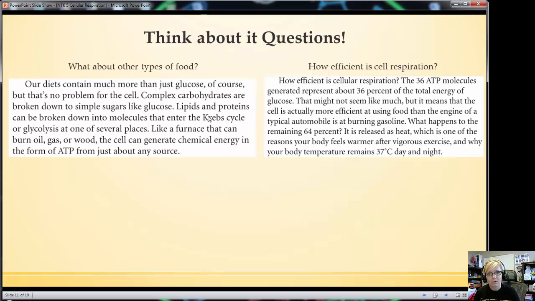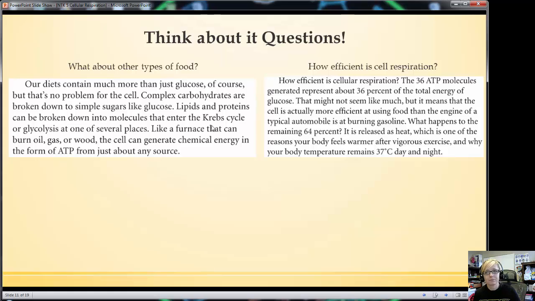We know that complex carbohydrates are broken down to simple sugars like glucose, but our lipids, which would be like our fats, and our proteins, like our steak or our hamburger that we're eating, can be broken down into molecules that enter the Krebs cycle or glycolysis at one of several places. So a good way to remember this is to think about a furnace. A furnace can burn lots of different things: it can burn oil, gas, wood. A cell can burn those macromolecules and generate chemical energy in the form of ATP from just about any source that we're eating.